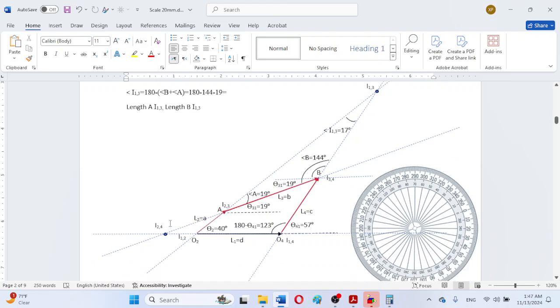So due to this reason we will not be using the instant center I2,4, because that is not the instant center of link number 3, which is in complex motion.